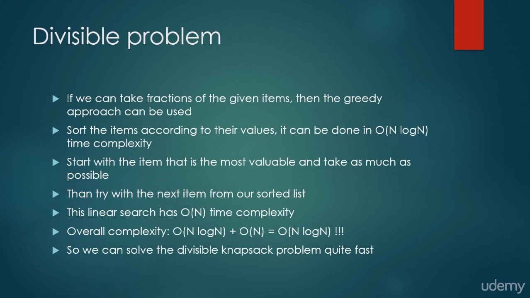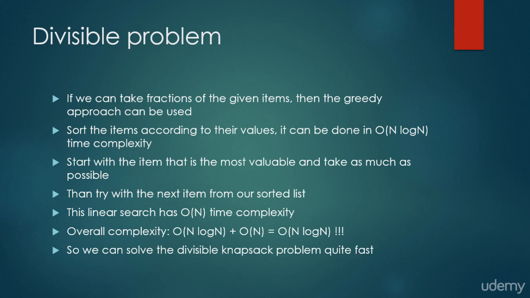And we have to start with the item that is the most valuable and take as much as possible. I think this is the naive approach. We want to take as much as we can from the items that are worth the most, and then try with the next item from our sorted list.